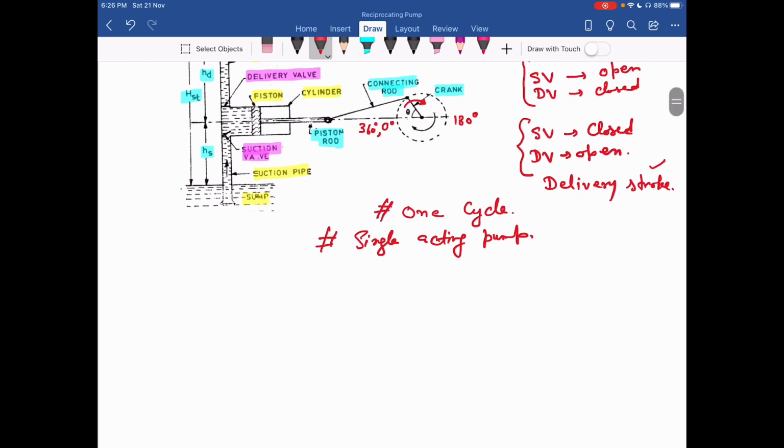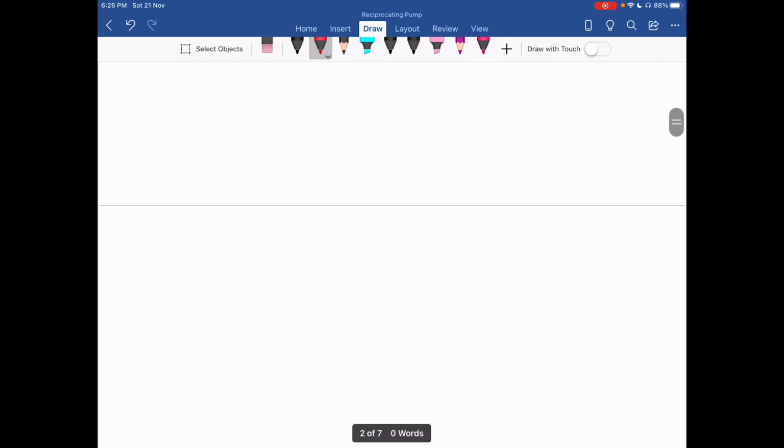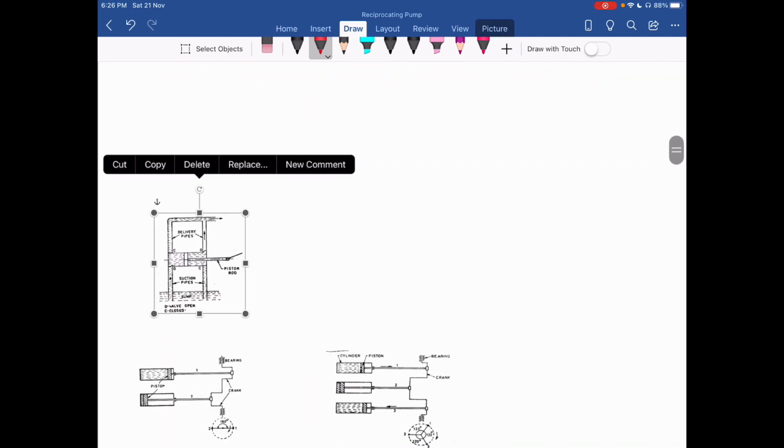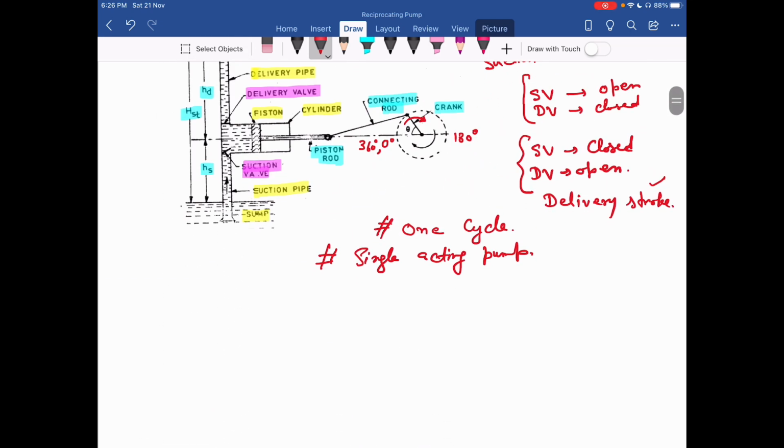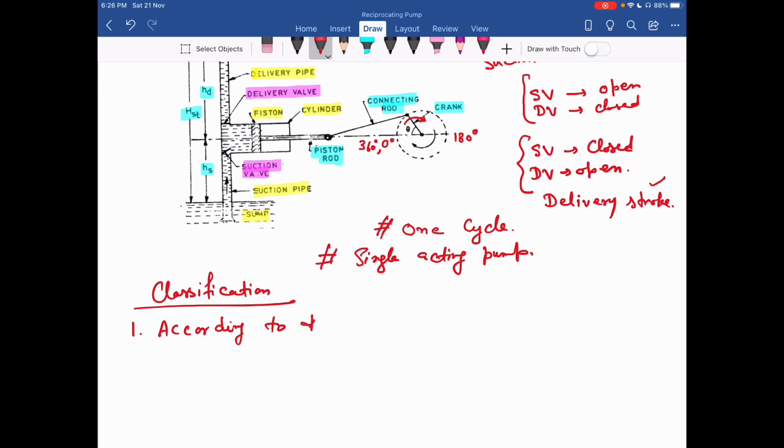The next is the classification of reciprocating pump. So for classification, the first classification is according to the use of piston side.